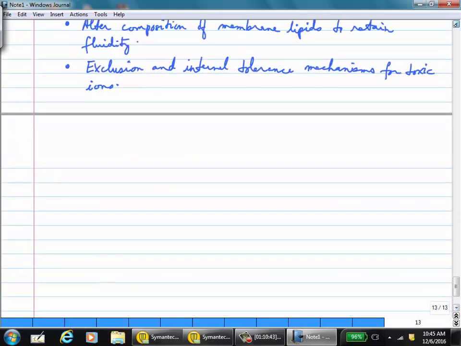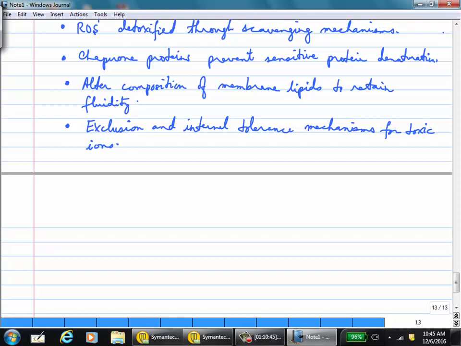Then if you have a situation where ice crystals are being produced inside the xylem, then the plant needs to produce some antifreeze molecules. So generate antifreeze proteins to prevent ice formation.